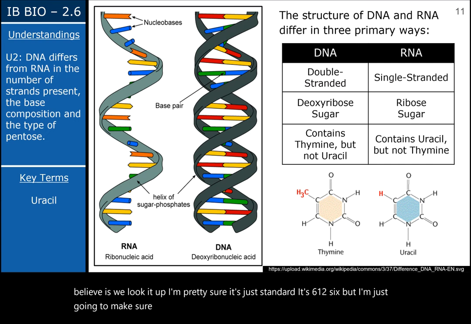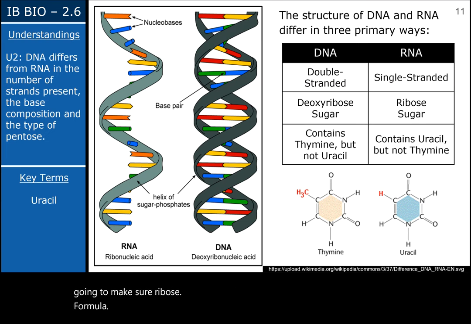Ribose formula. C5. Okay, so ribose, we have C5, and it's a carbohydrate. So we have that 1-to-1 ratio, right? So C5H10O5, right?